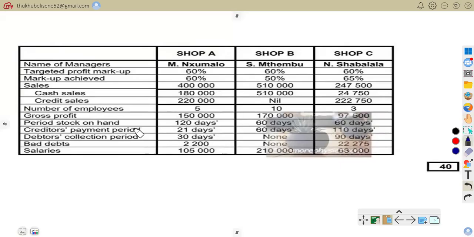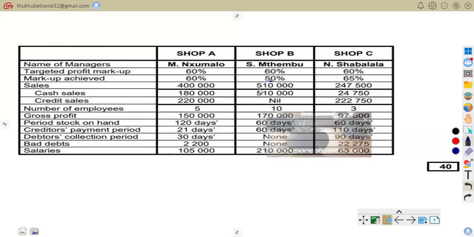Looking at this, we can see that Mutembu decreased his price by 10%, because now he is on 50%.